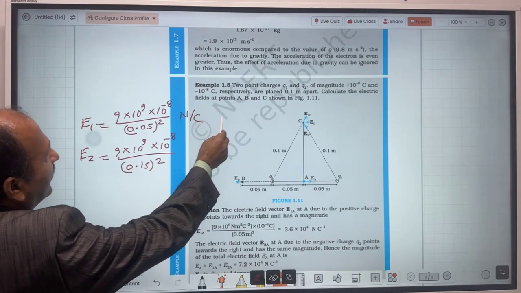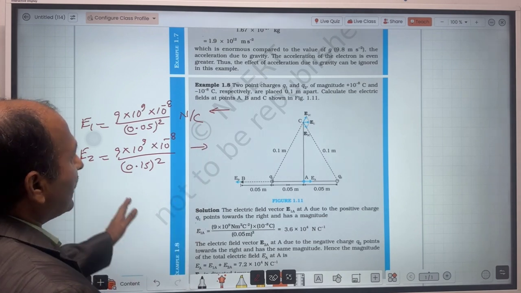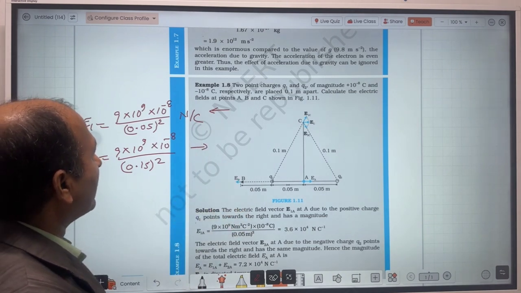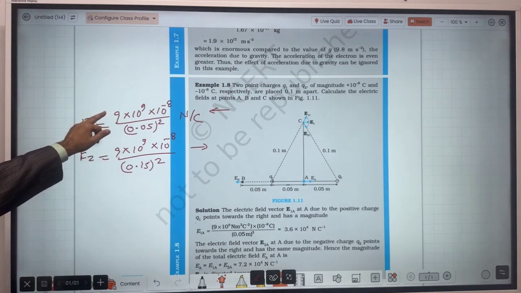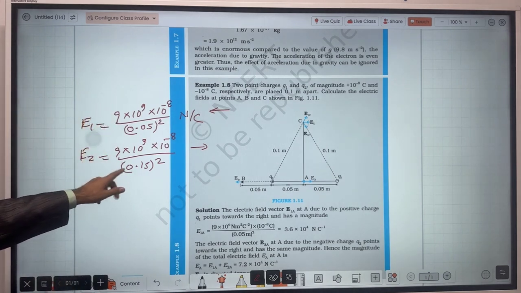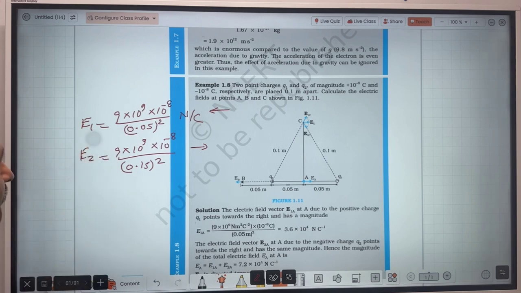Its direction is toward right. So the net field at point B, since this is bigger than this, will be E1 minus E2, and its direction will be towards left.